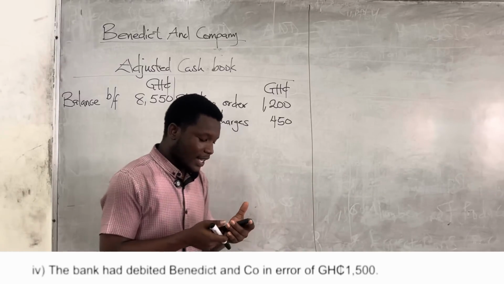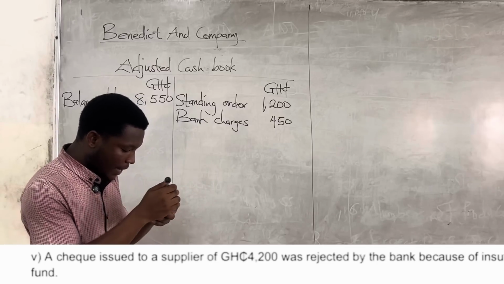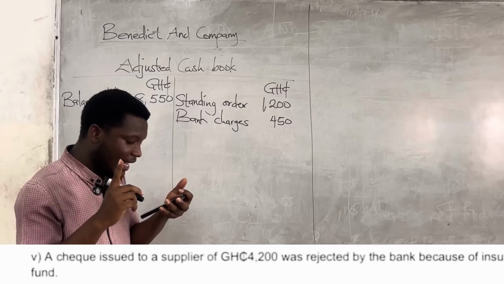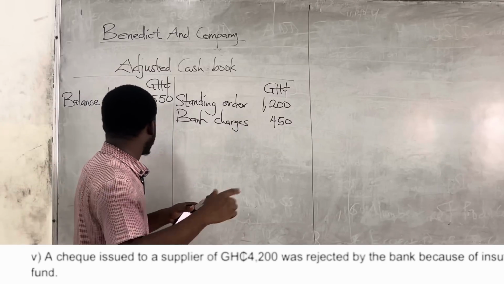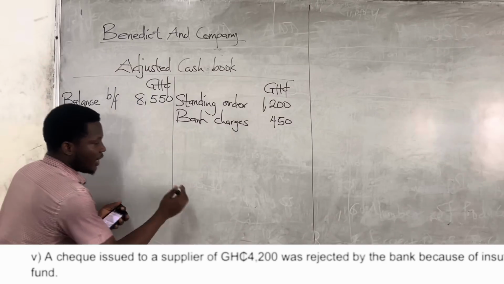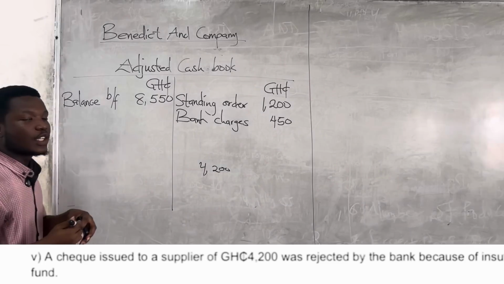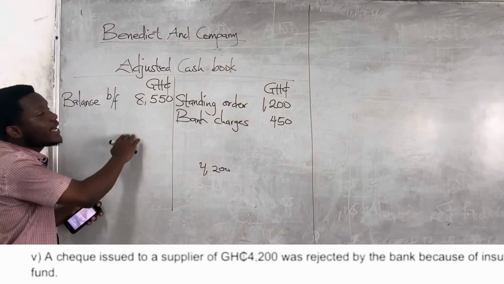The next one, we have a check issued to suppliers of 4,200 was rejected by the bank because of insufficient fund. Now, let me explain this quickly. We have a check of 4,200, and we issue it to our suppliers. So it means Benedict and Co. is making payments.